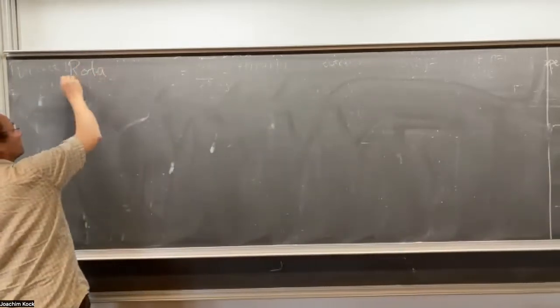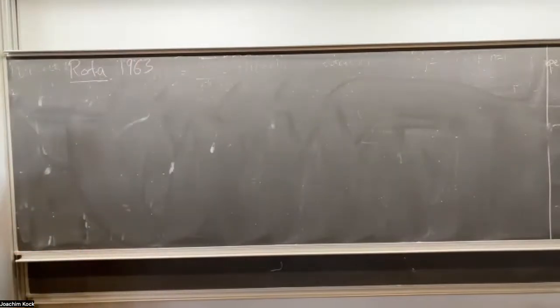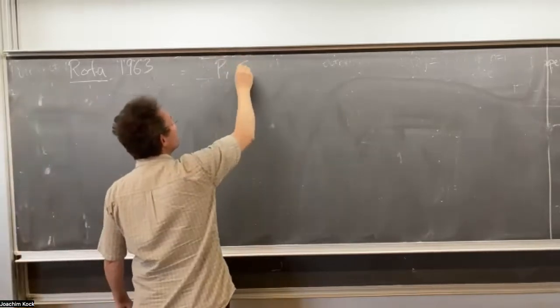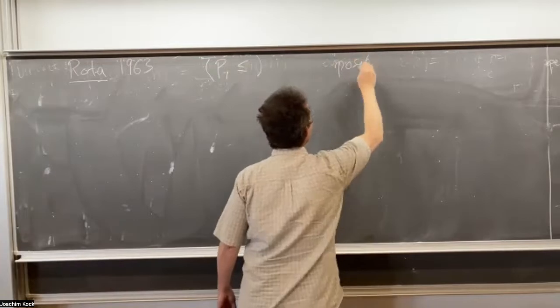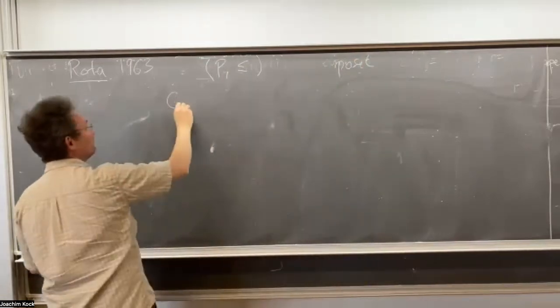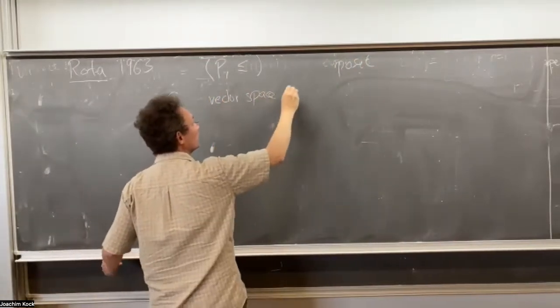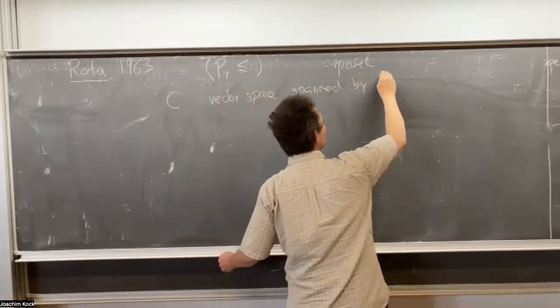So this is essentially Rota. There were some precursors in Weisner in the 30s and Hall also in the 30s, but Rota was the first to write it. You start with a poset, and then you let C be the vector space spanned by the intervals.